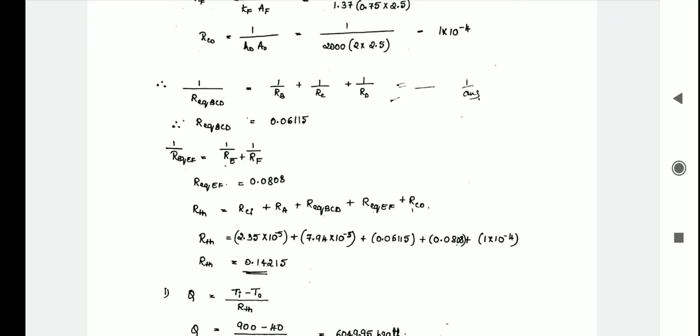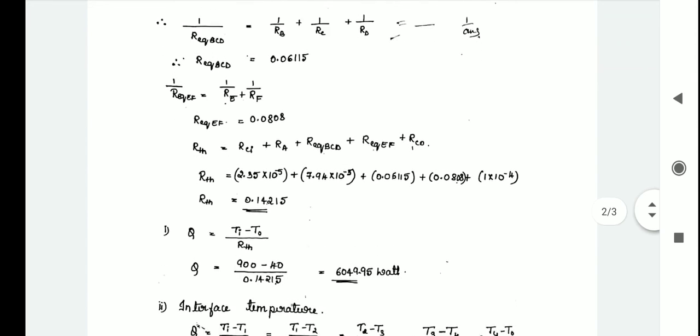So thermal resistance is 2.35 into 10 raised to minus 5 plus 7.94 into 10 raised to minus 5 plus 0.0615 plus 0.0808 plus 1 into 10 raised to minus 4, which is 0.14215 degree Celsius per watt.